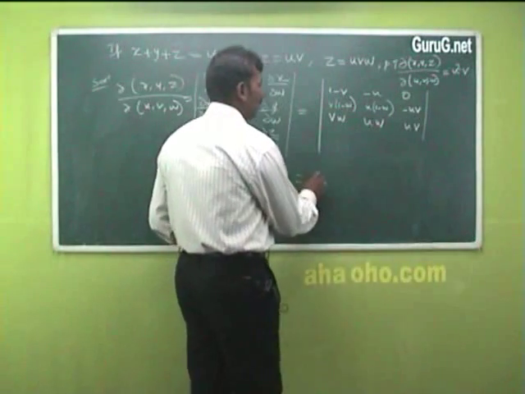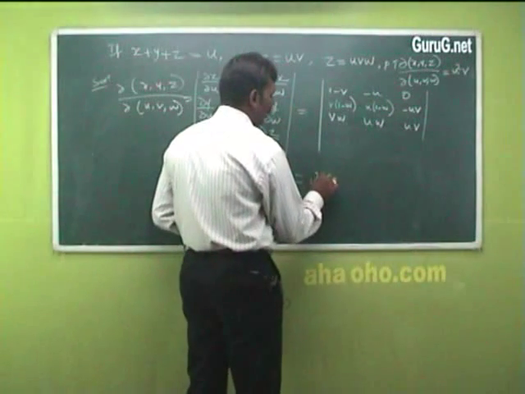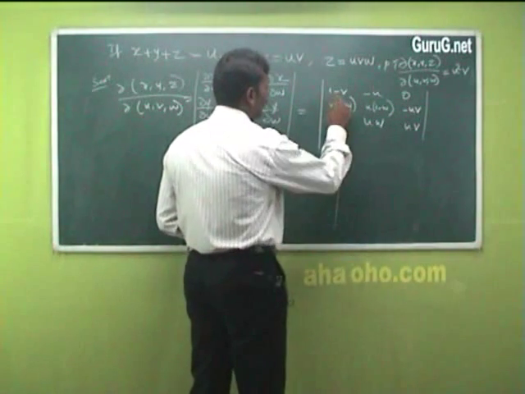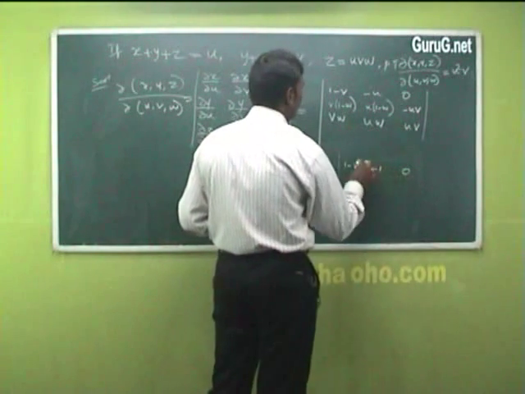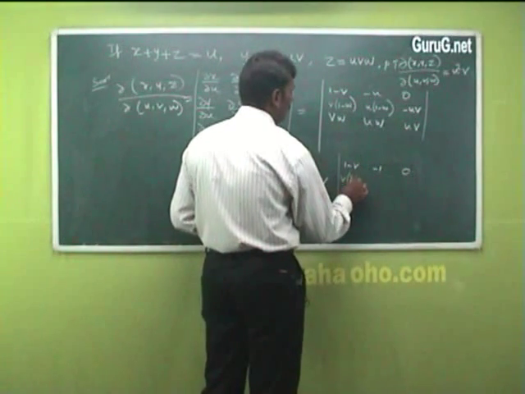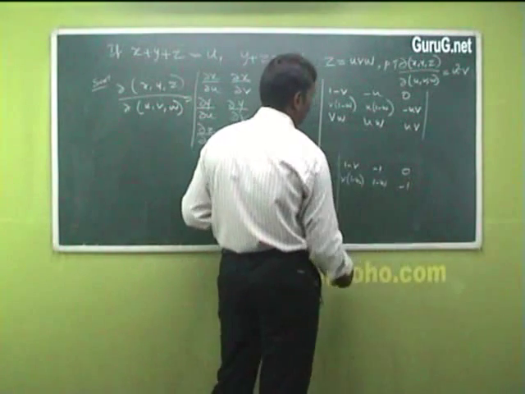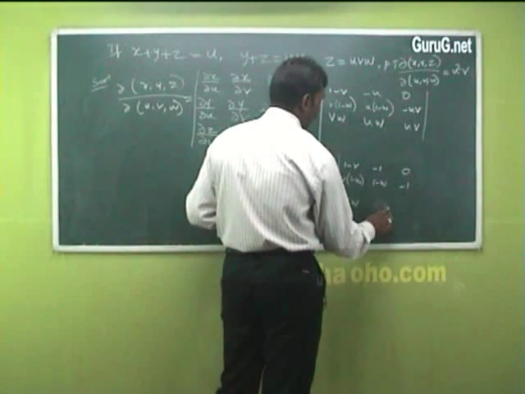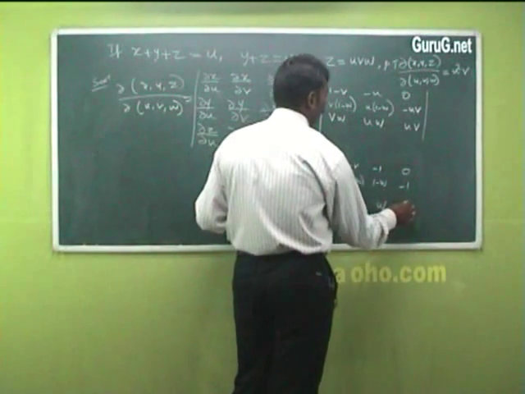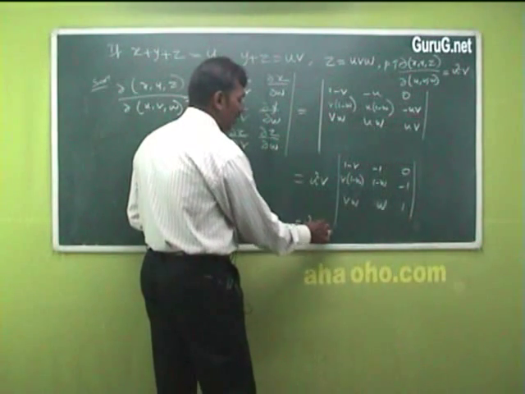Right? I can take u outside and u outside, so you may get u squared v. So determinant: 1 minus v, minus 1, 0; 1 minus w, 1 minus w, minus 1; w, w, 1.